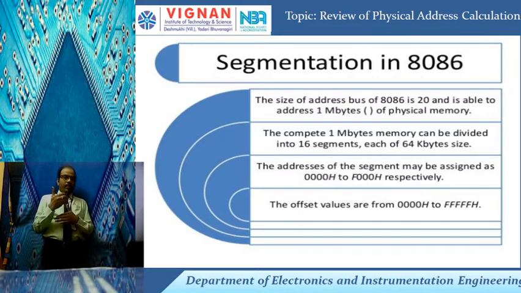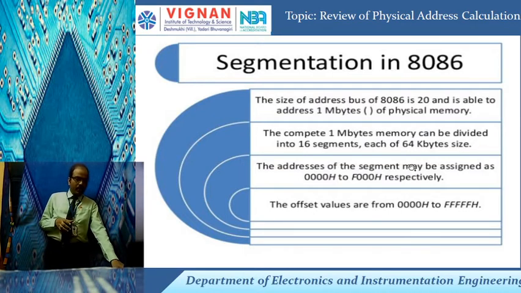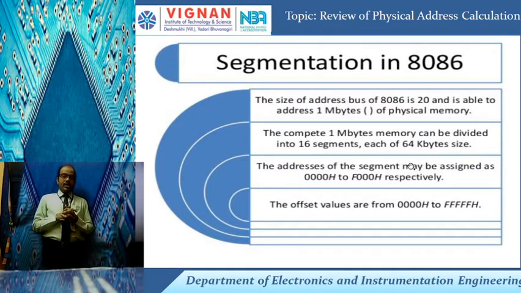The complete 1 megabyte memory can be divided into 16 segments, each of 64 kilobyte size. The addresses of these segments may be assigned from 0000H to F000H. That means the first segment may have 00000 to 0FFFF.